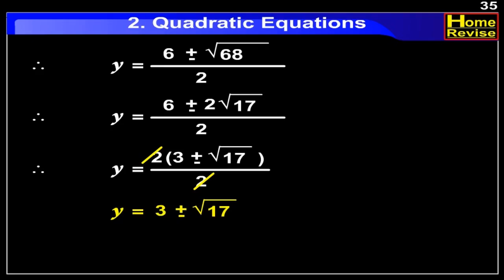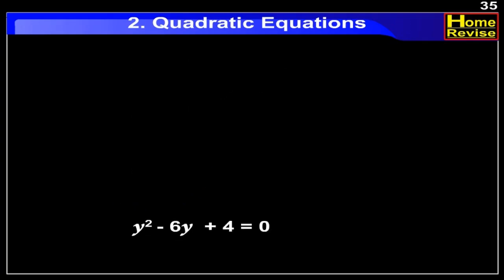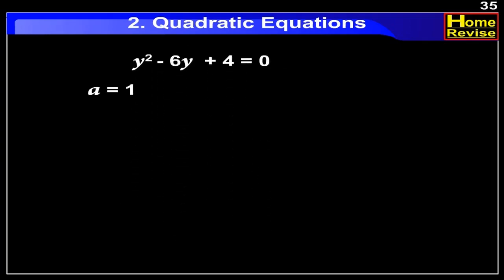Now for the equation y square minus 6y plus 4 is equal to 0, we have a is equal to 1, b is equal to minus 6, and c is equal to 4.